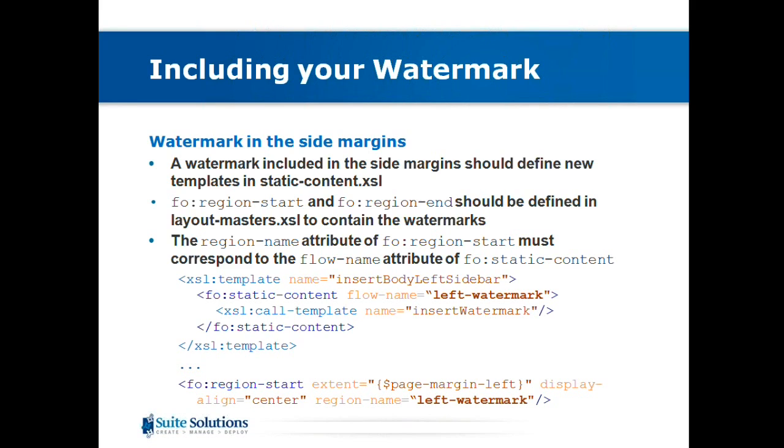Going back to the first code snippet, you may have a custom template called insert body left sidebar. And in it, you're defining that there is some static content being inserted here. The flow name of the static content is left watermark. That corresponds to the region name defined in layout masters.